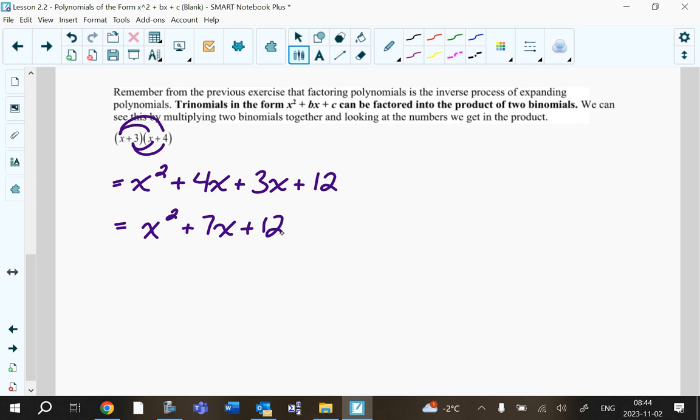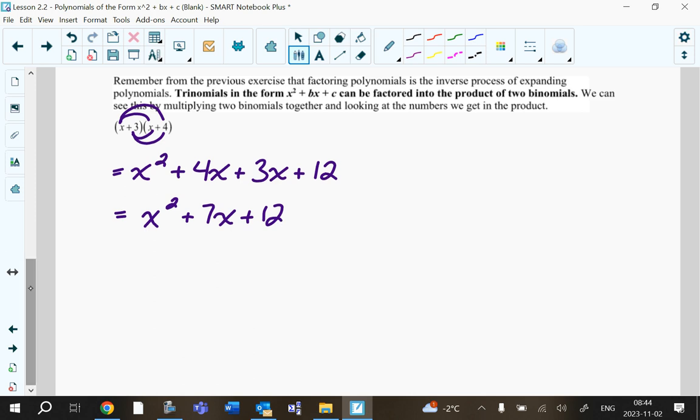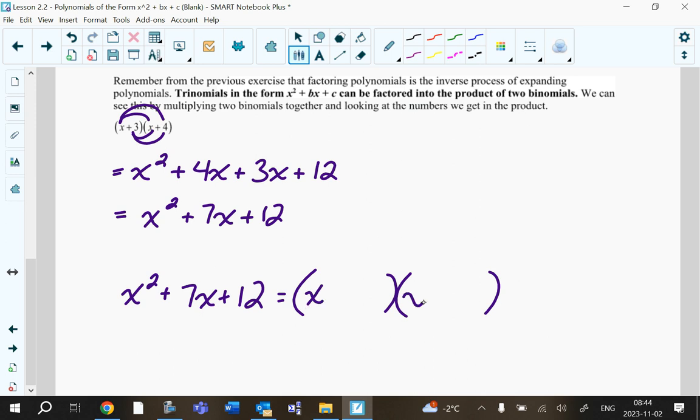So if we go backwards, from x squared plus 7x plus 12, I know it's going to be 2 binomials multiplied, right? I know the first term in each one is going to be x and x because x times x gives me x squared. The question is, how would I know the numbers to put in?